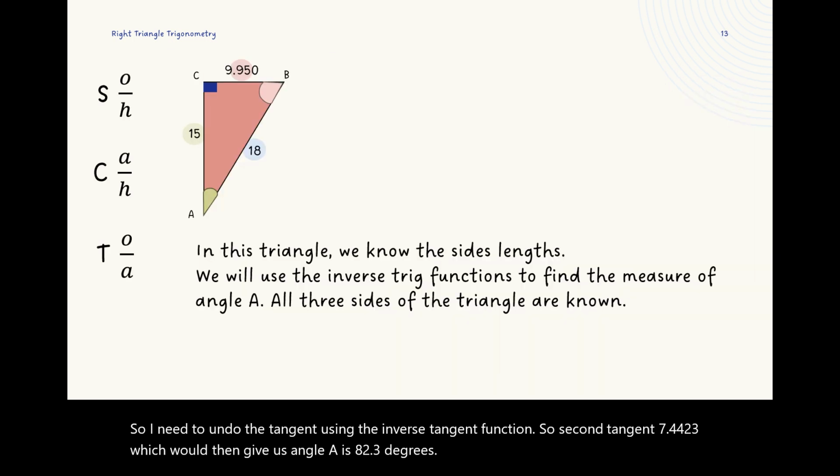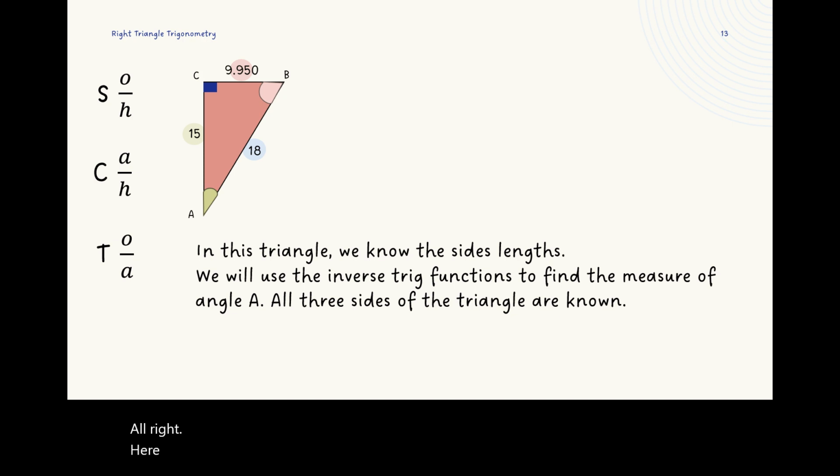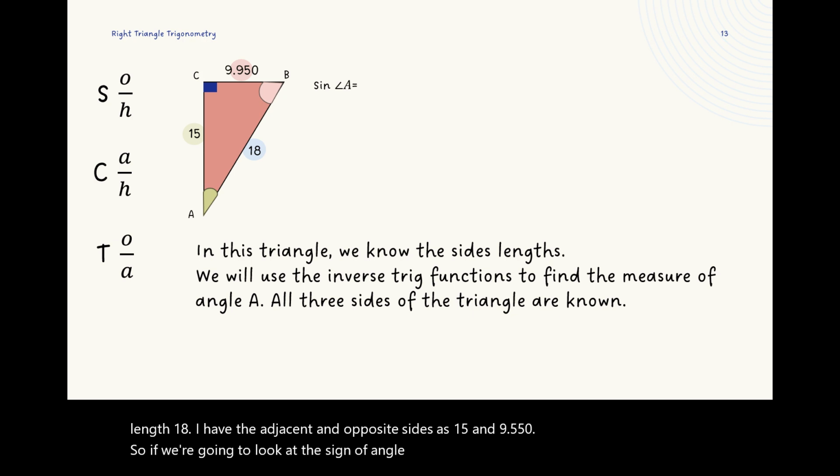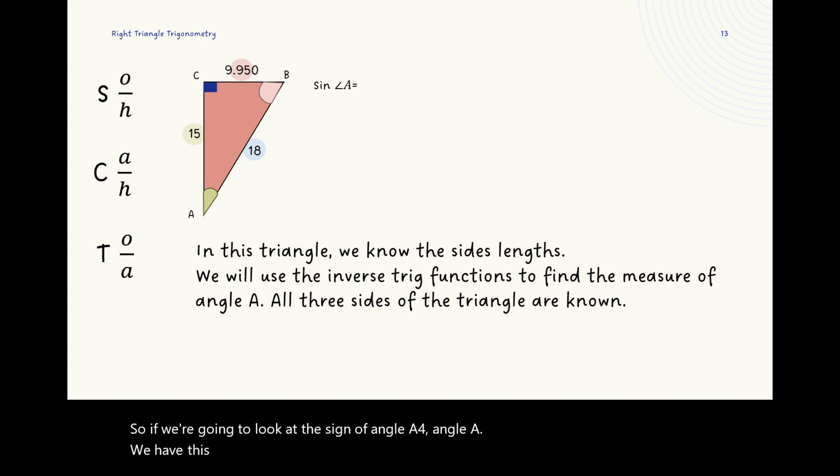All right. Here we have an application where we do know the side lengths. I have the hypotenuse as length 18. I have the adjacent and opposite sides as 15 and 9.550. If we're going to look at the sine of angle A, we have the side opposite compared to the hypotenuse.